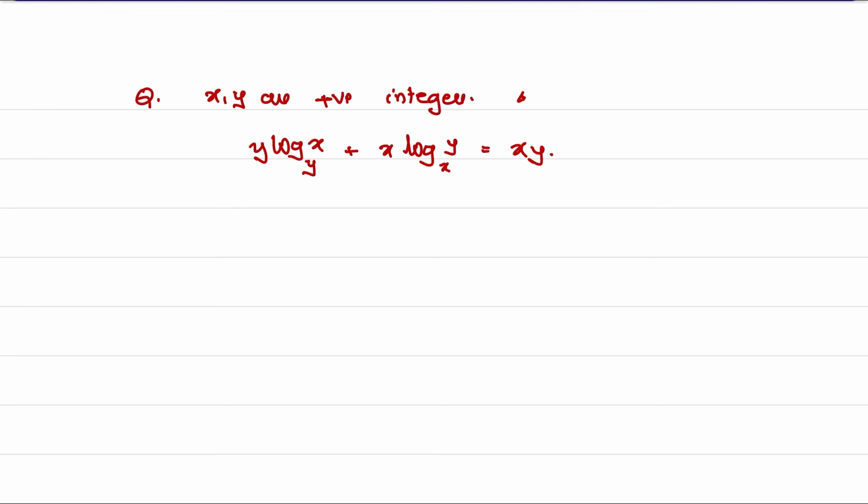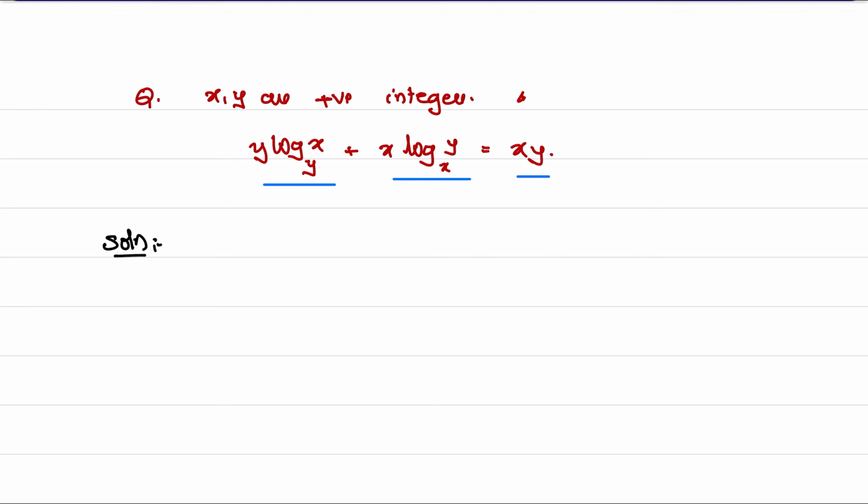Here the bases of the logarithms are also different. The bases are not the same. Log x to the base y, and log y to the base x. This is multiplied by y and the second part is multiplied by x. That is equal to xy. It's a very good example. Let us try to solve it.